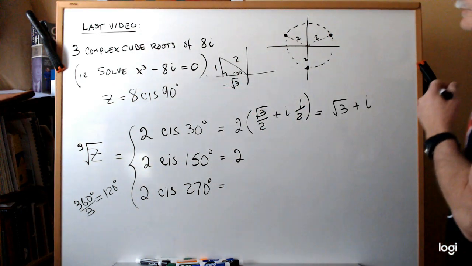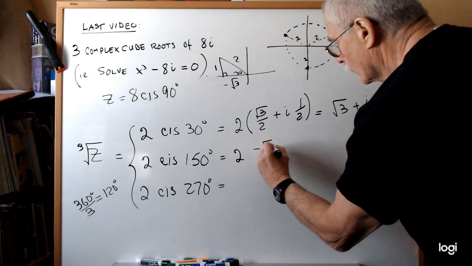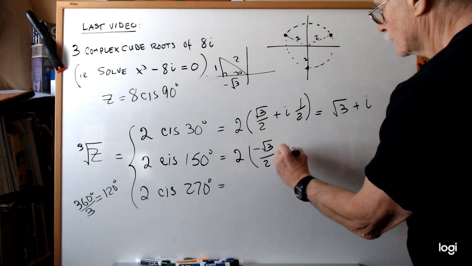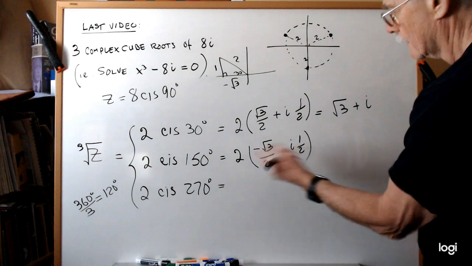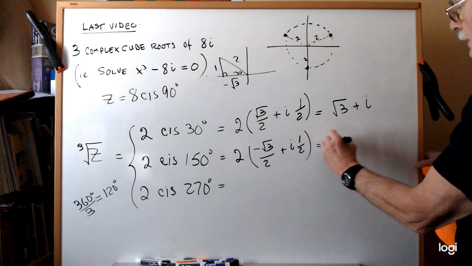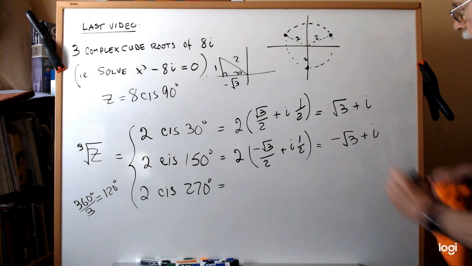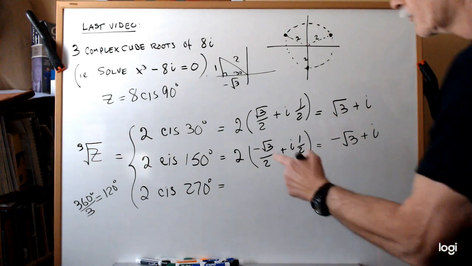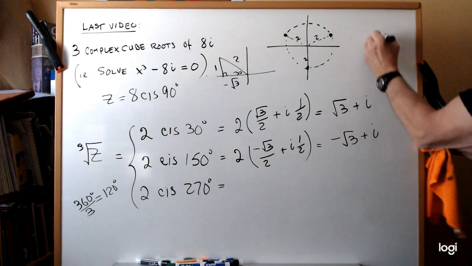So the cosine of 150 is negative radical 3 over 2, and the sine, of course, is positive 1/2. Put the i back in front, it really doesn't matter. So this gives us negative radical 3 plus i as a second root. And as our third root, this is a little bit easier now. It's a quadrantal angle that's at 270.